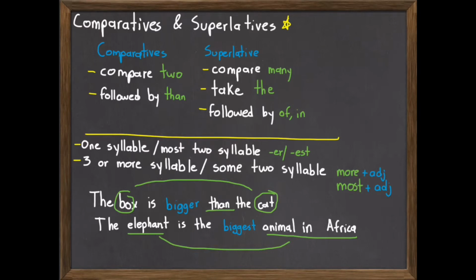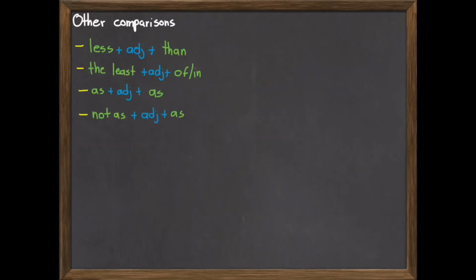Now let's go to the next part of this module. Other comparisons. Well, comparatives and superlatives are used, as I already mentioned, to compare two things or one thing to another group of things. We can also use different comparisons, such as less than.